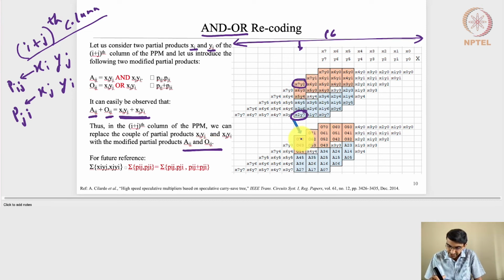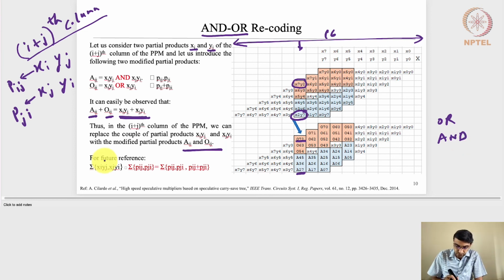So I have represented this one as the OR gate, and this one as the AND gate. Similarly, for all other terms, we will have the OR and then the AND gate. So the same partial products we obtained from the binary multiplication of the two 8-bit numbers are now represented in the form of the output of an OR gate and the output of an AND gate.